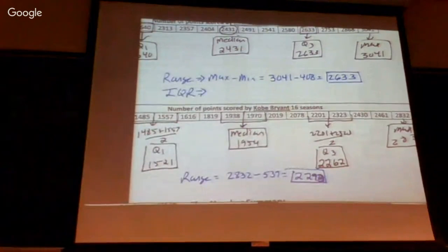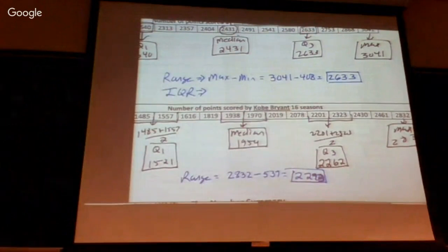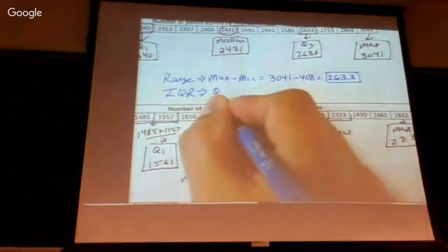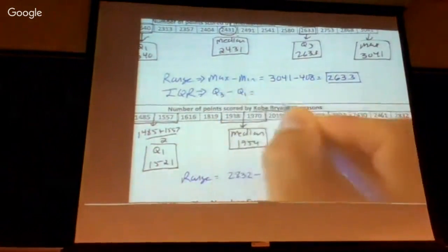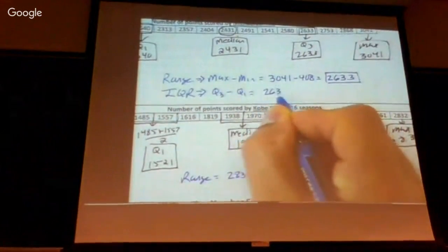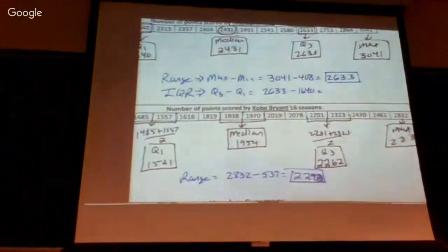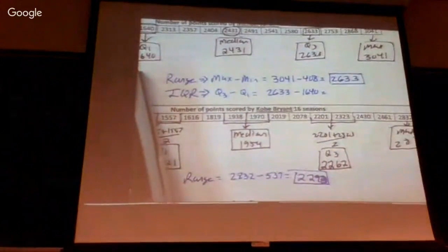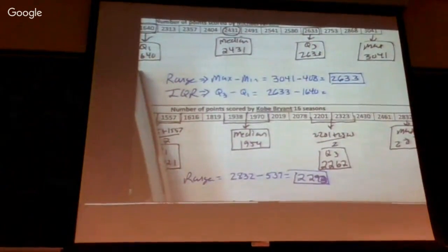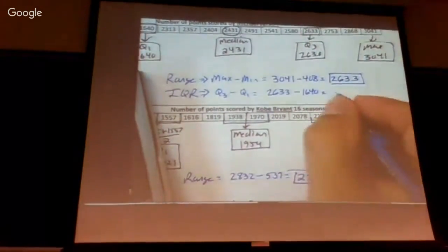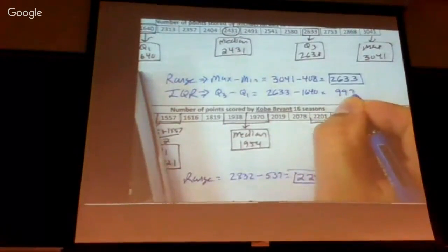So instead of taking the max minus the min, what would be a little more appropriate? Q3 minus Q1. So if you take Q3 for Michael Jordan, 2633, minus the 1640, you get an interquartile range of 993.